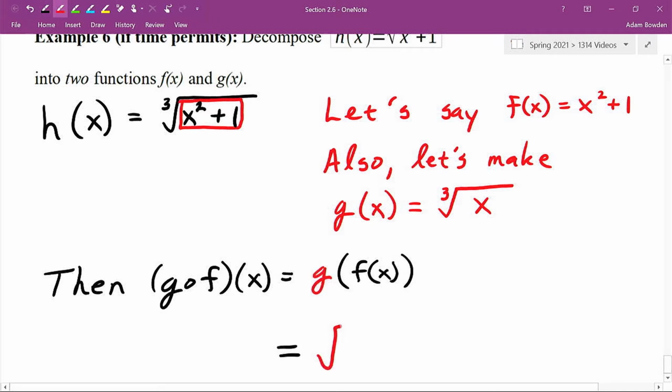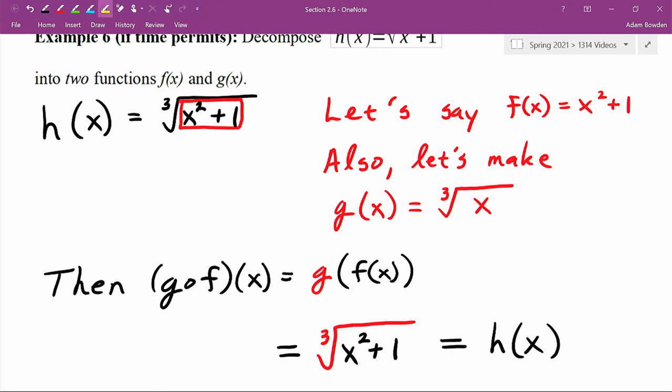So again, g of x is the cube root part, and f of x is the x squared plus 1 part that goes on the inside. So altogether, the g of f of x makes up the same parts as h of x. So that shows how the composition of the two functions creates the full function altogether. It's broken down, or called decomposed, into two separate functions.